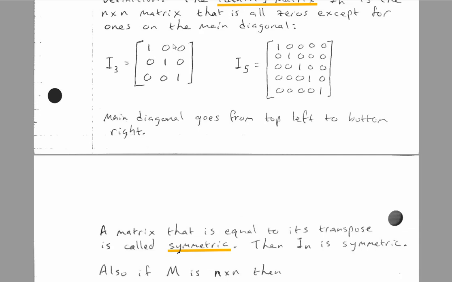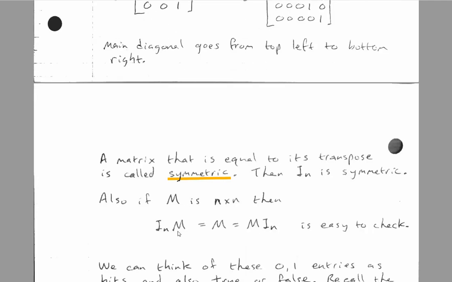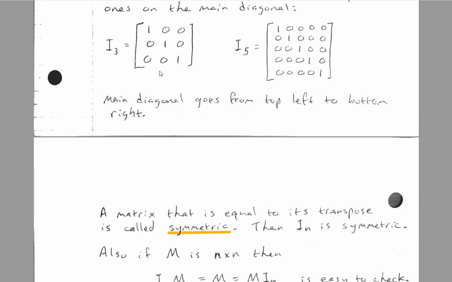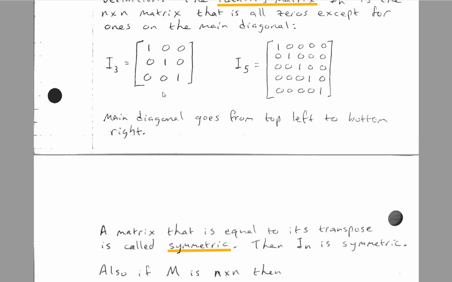Okay, so this pattern of zeros and ones, for matrix multiplication, it doesn't do anything. You just get the same matrix coming back. So that's why it's called an identity. It's like a 1. It behaves like 1 when you're multiplying numbers.